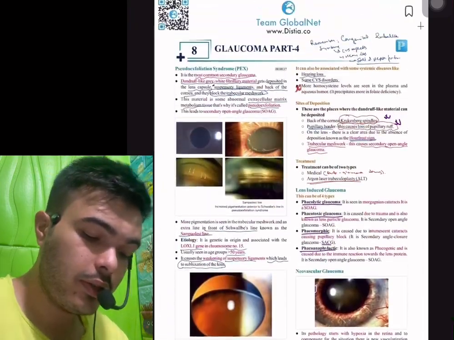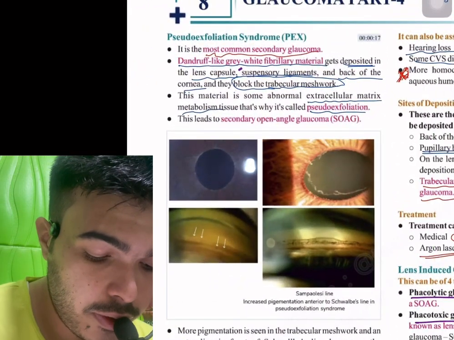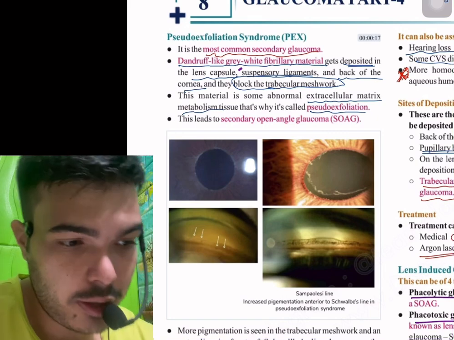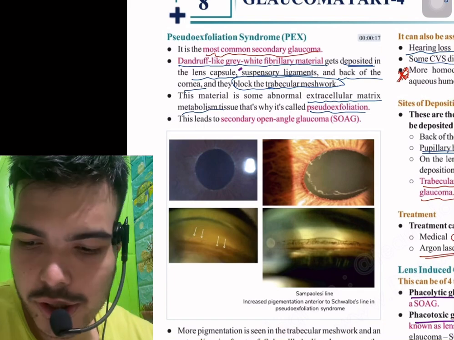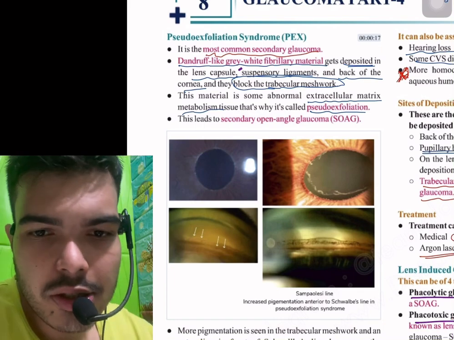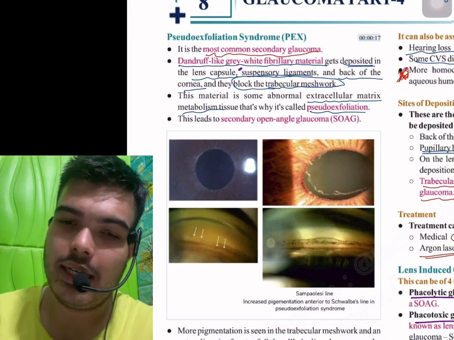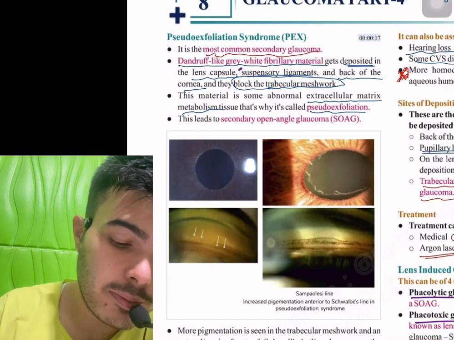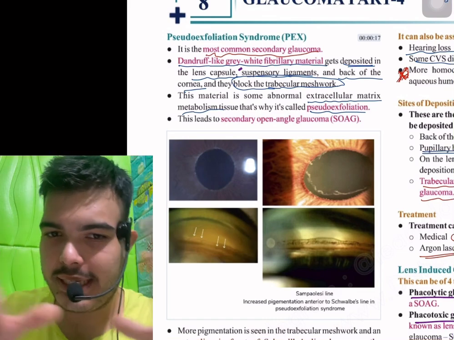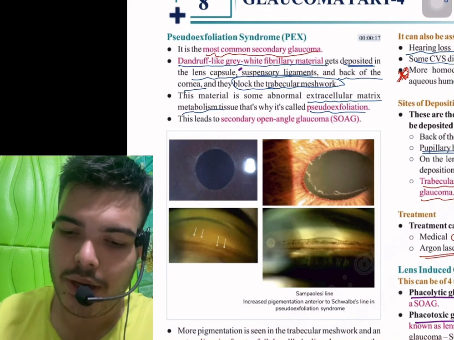Let's talk about pseudo-exfoliation syndrome. What is pseudo-exfoliation syndrome? It is the most common cause of secondary glaucoma. Gray-white dandruff-like particles are seen in the eye, and these lead to subluxation of the lens.